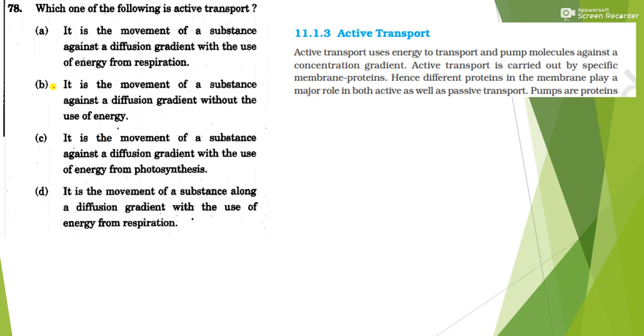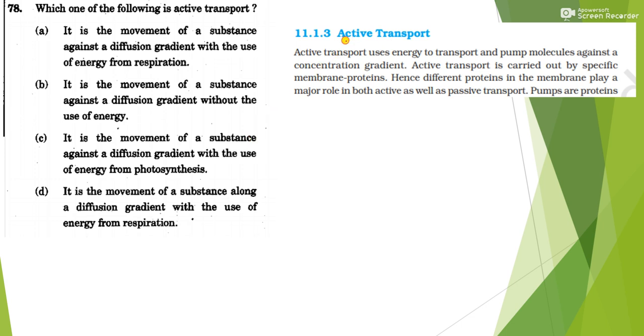Let's move to the next question. Which one of the following is active transport? This topic has been taken from higher NCERT, that means it is not given in the NCERT up to class 10.